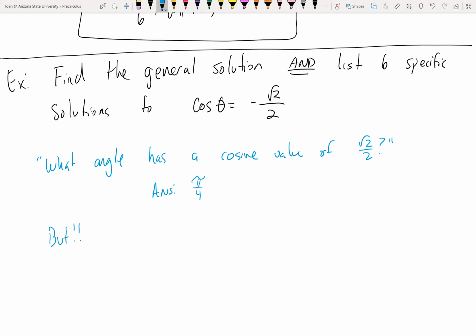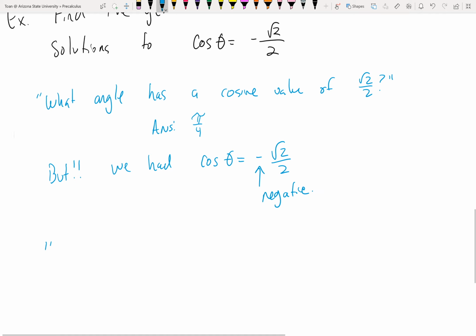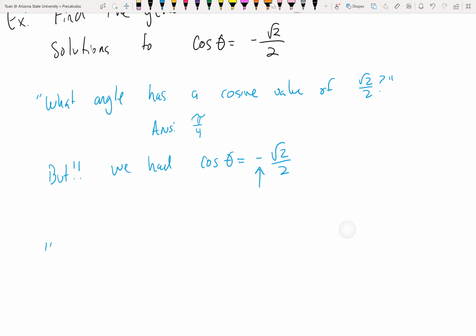But there's always a big but in math. We had cosine of theta equals negative radical 2 over 2. Negative. So I asked myself, where is cosine theta negative?